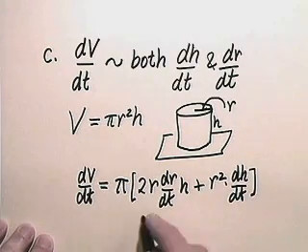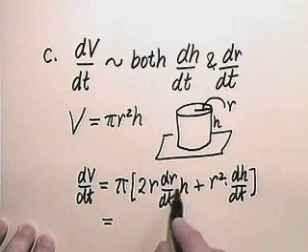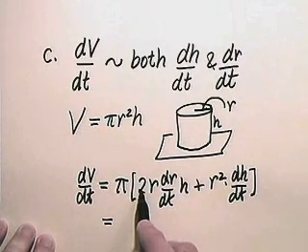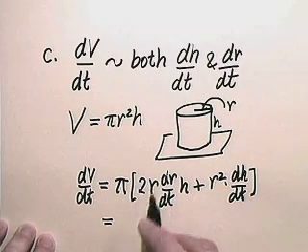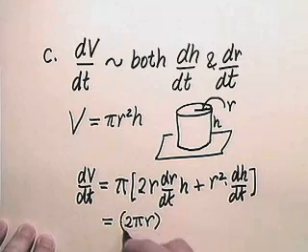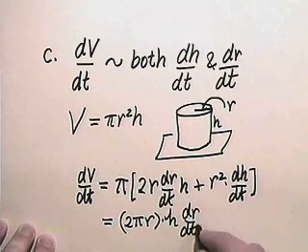Well, let's put these two together. I'm going to multiply through the pi, and look what I'll have in the first term: 2 pi r, that's the circumference of the cylinder, multiplied by h times dr/dt.